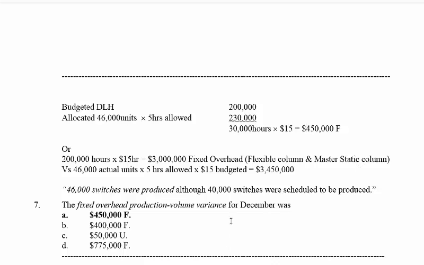But what has been allocated is in a whole other column all by itself. 46,000 actual units at 5 hours allowed times the $15 budgeted or standard rate equals 3,450,000 that would have been allocated. 3,450,000 versus 3 million is 450,000 over allocated. So it's a favorable amount versus what was budgeted. Our fixed overhead production volume variance is 450,000 favorable.